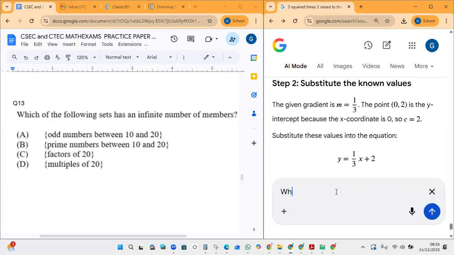So it says, which of the following sets have an infinite number of members?